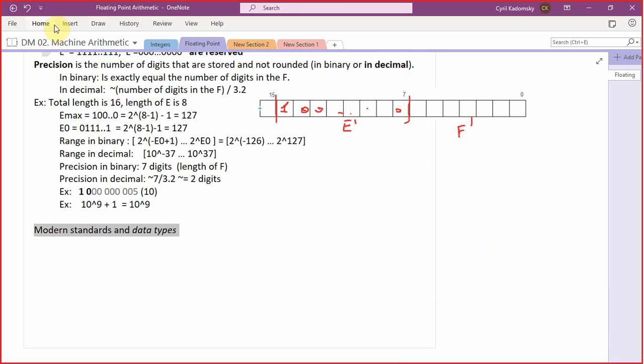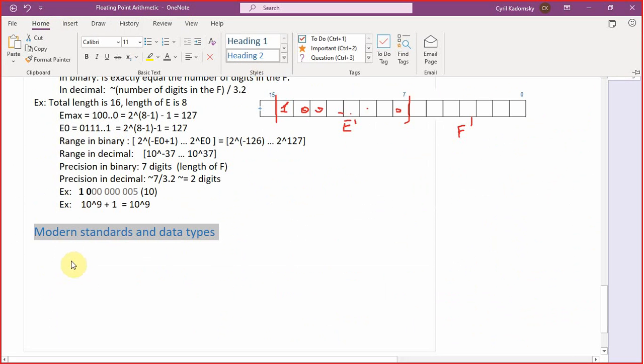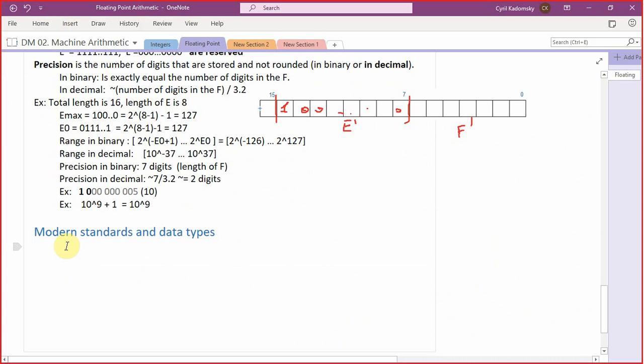And here we have a small heading. And here also the modern standards for floating point types. The most important ones are float and double. Those that are used directly in programming.